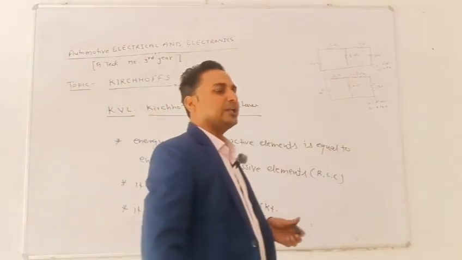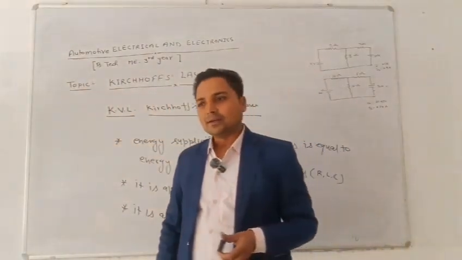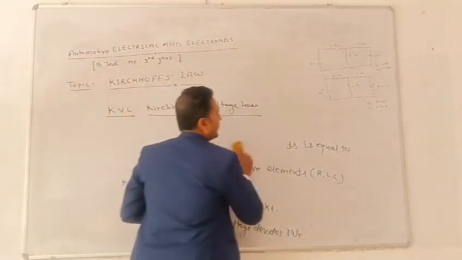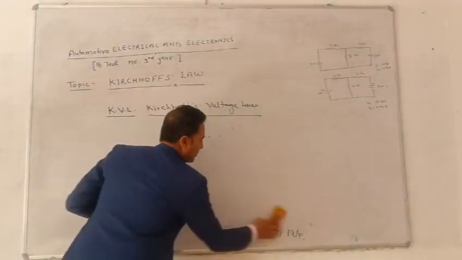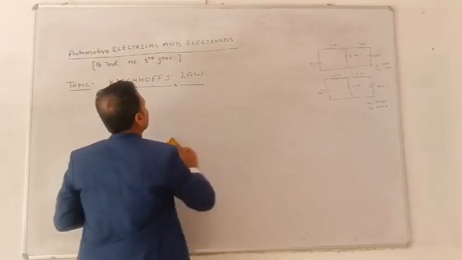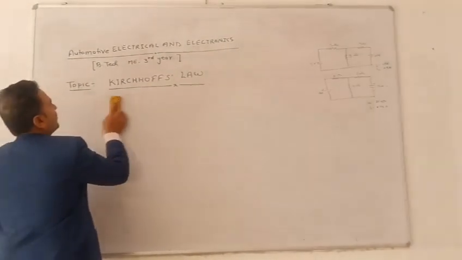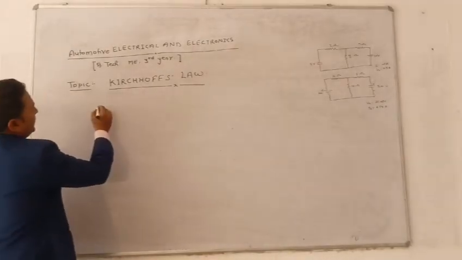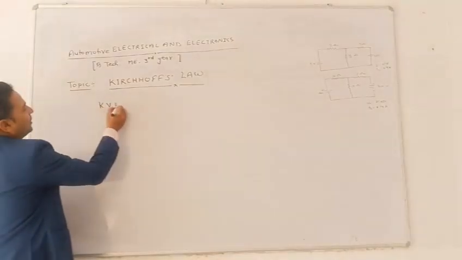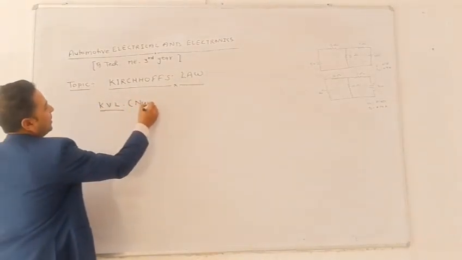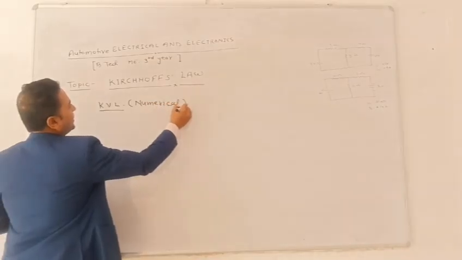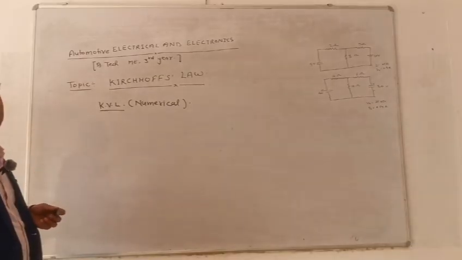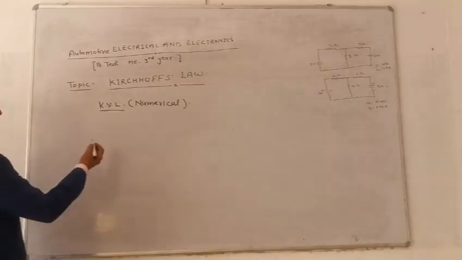Let's consider a numerical example and solve the problem. KVL numerical. Here we consider an electrical circuit and find out the value of the current.